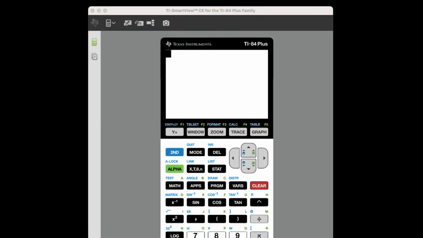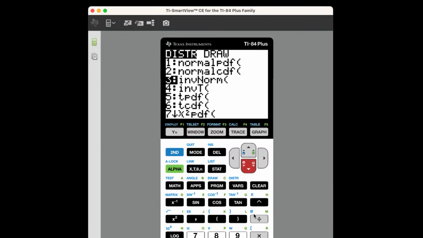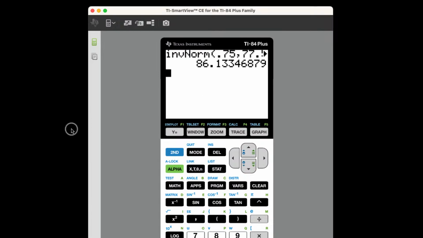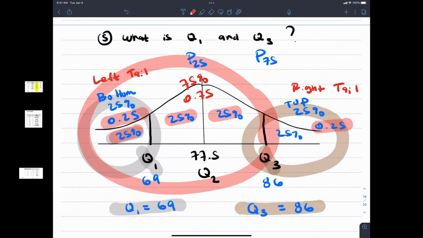So in the default, we have to change that. Second distribution, inverse norm, 0.75. And what is that number? 86. And there you go, ladies and gentlemen.